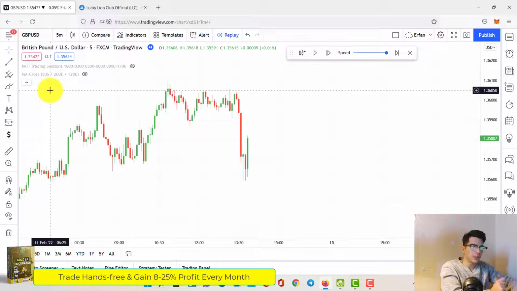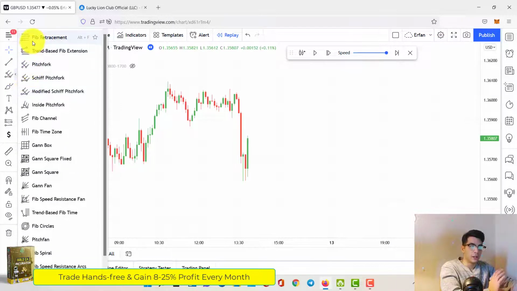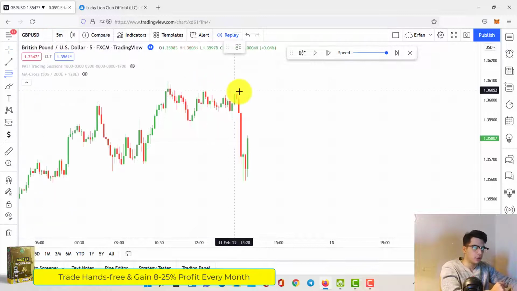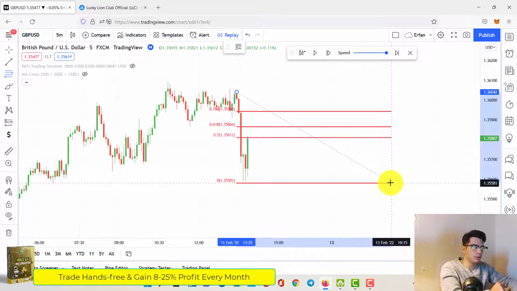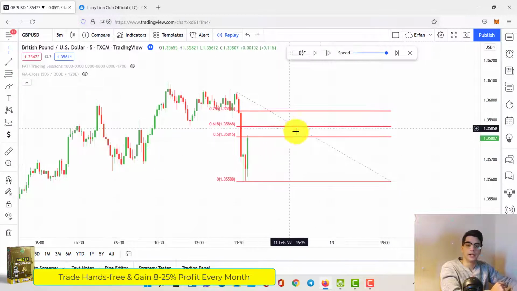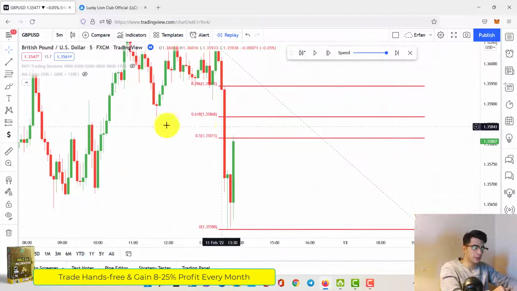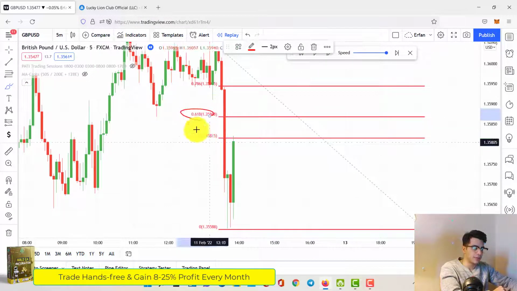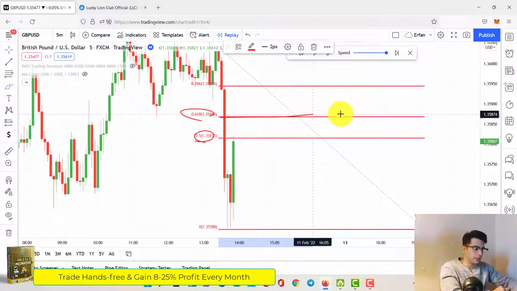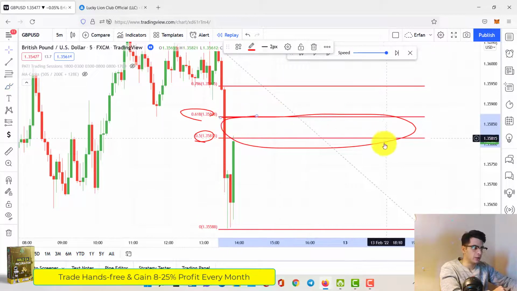And now what I personally do, if I can't find any high probability order block around this area, is use my Fibonacci level and draw it from the top all the way to the bottom where the correction starts. Then I identify my golden zone, which is between 50% and 60%, exactly in the middle.